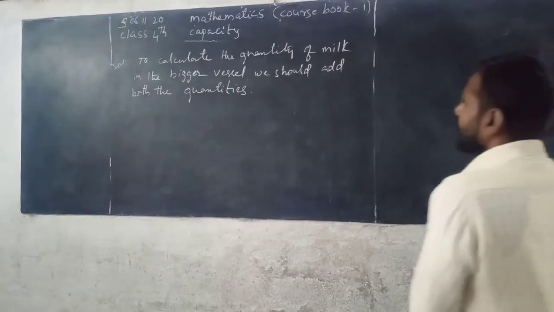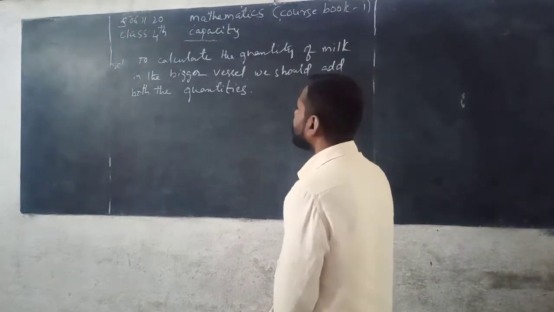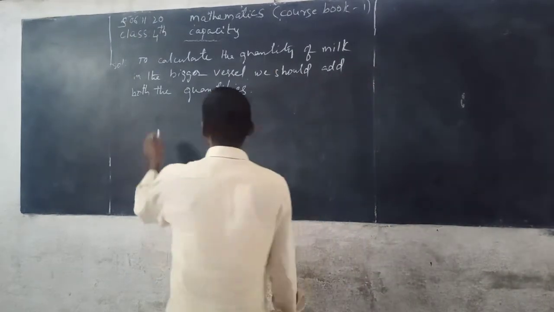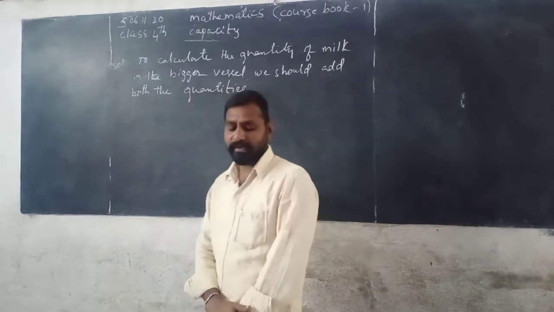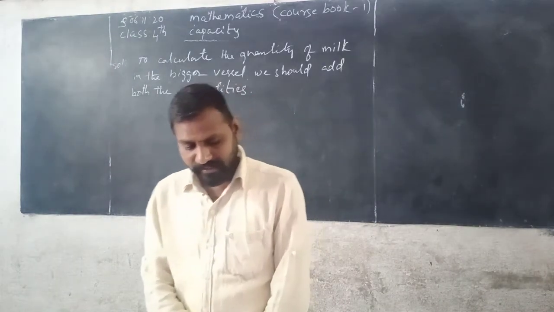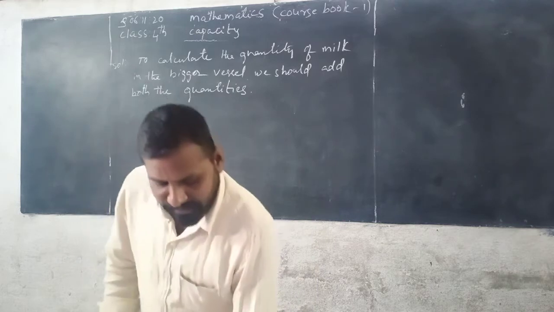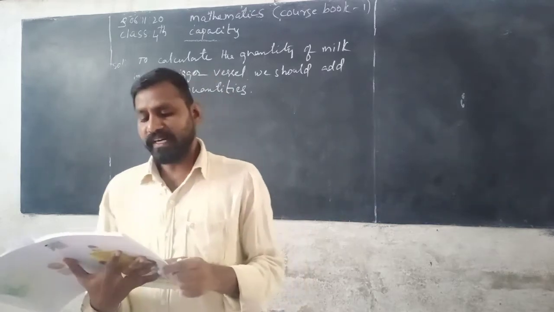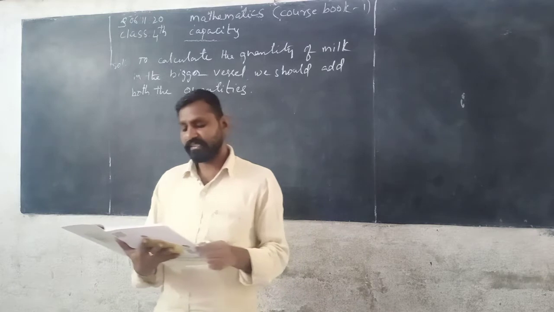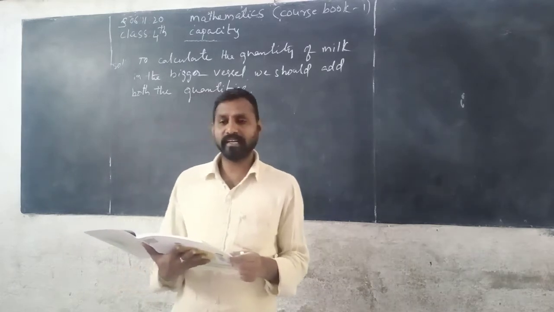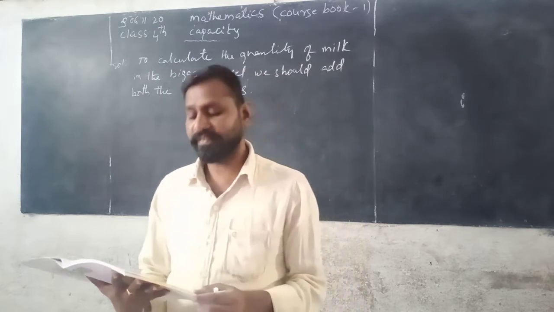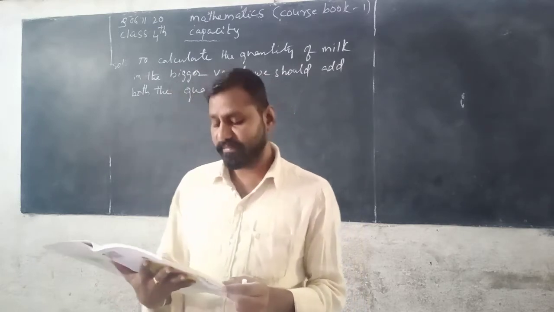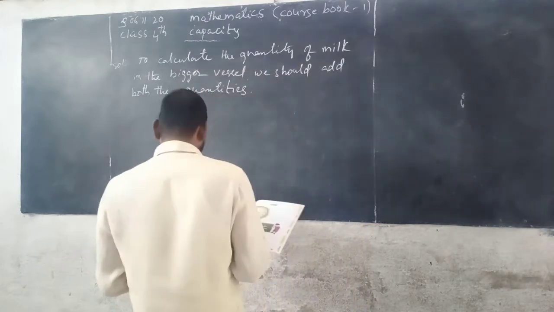Once again, to calculate the quantity of milk in the bigger vessel, we should add both quantities. The capacity of the first can is 20 liters 550 milliliters of milk. The quantity of the second can is 15 liters 960 milliliters of milk. Then add it, very simple.